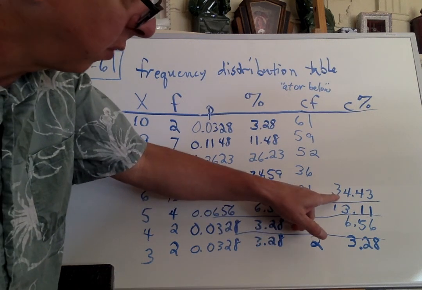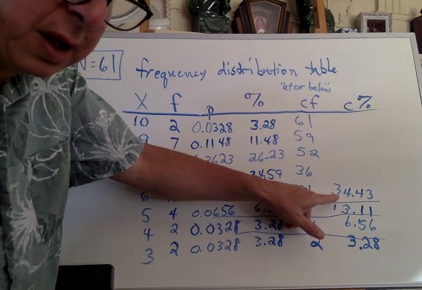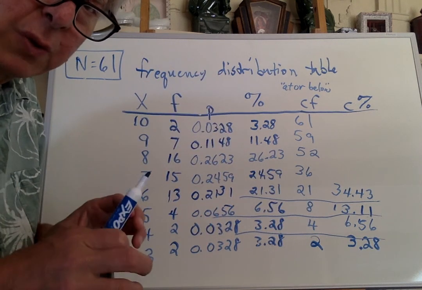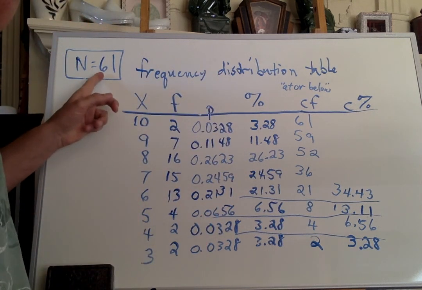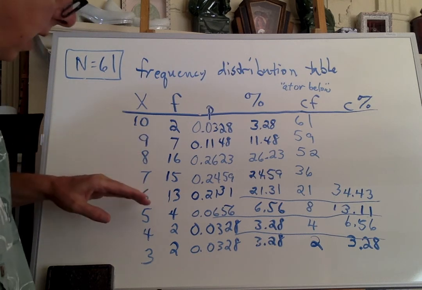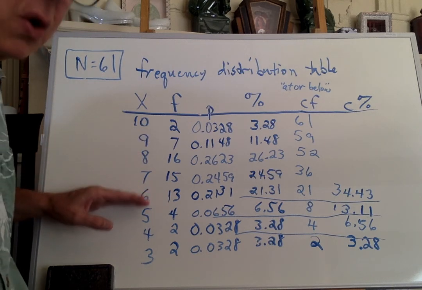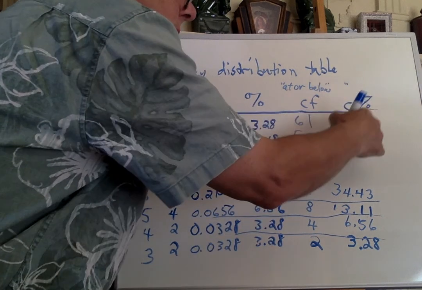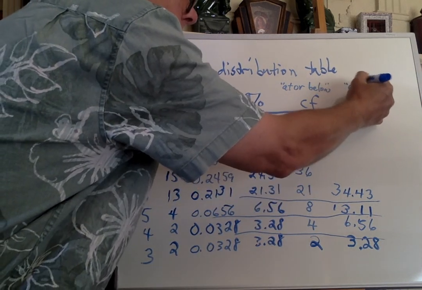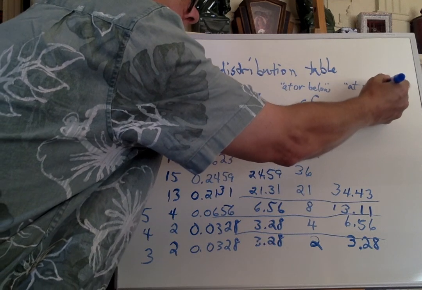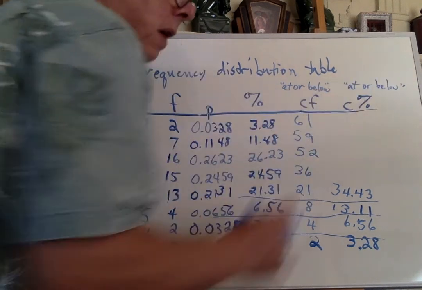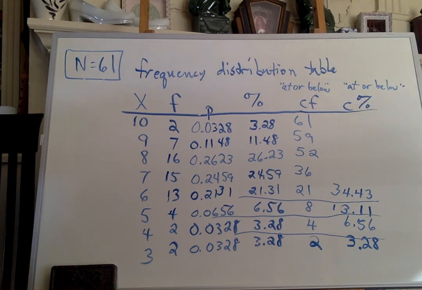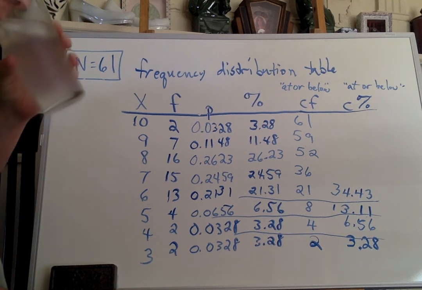That means that 34.43% of these 61 people are at a happiness of 6 or below 6. So whenever we have cumulative, this is at or below. That's the nature of cumulative.